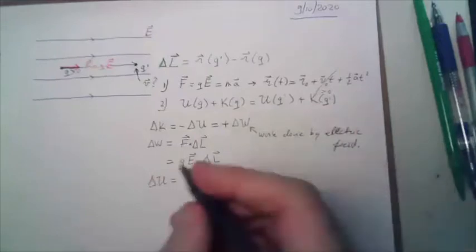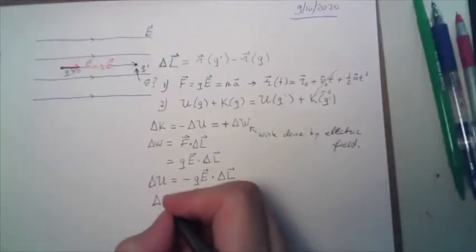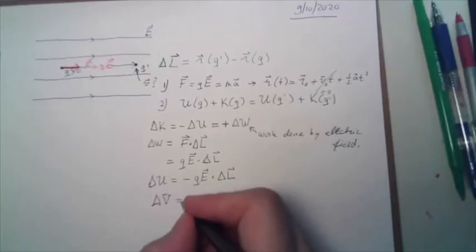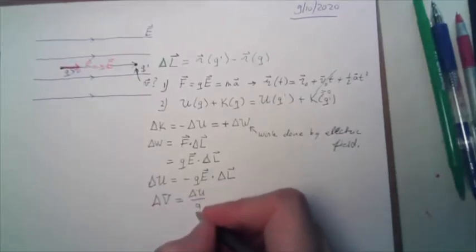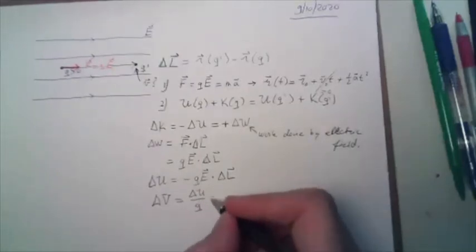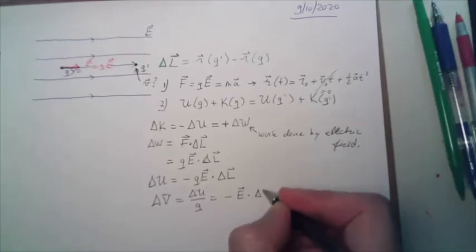And we can introduce a new parameter, and we're going to call this delta V. And we're going to call that delta U over Q. And right now that's minus E delta L.